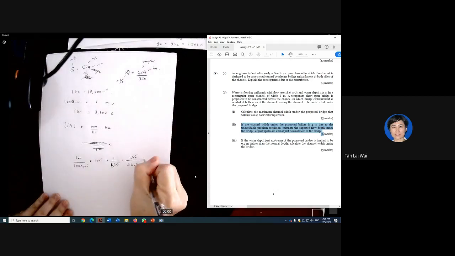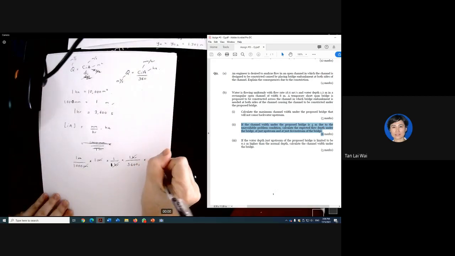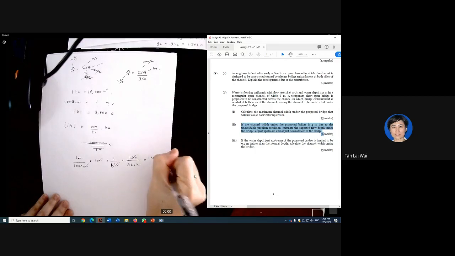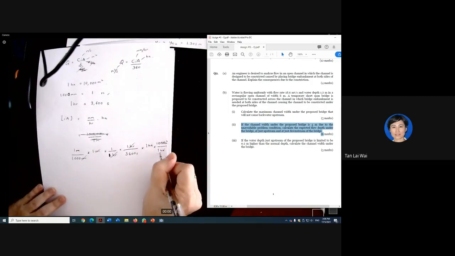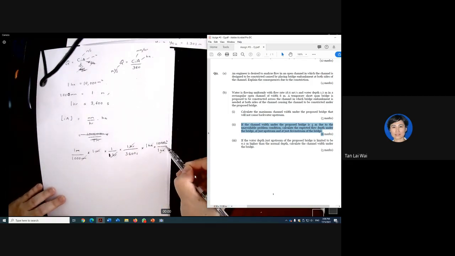The next thing I want to change is I have 1 hectare. I'm going to cancel out 1 hectare with 10,000 meter squared, sorry. Now I don't have hectare anymore, I only have meter squared.